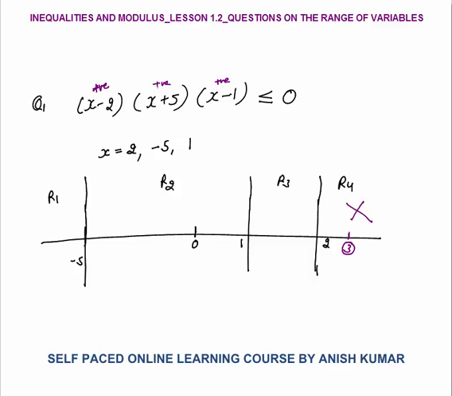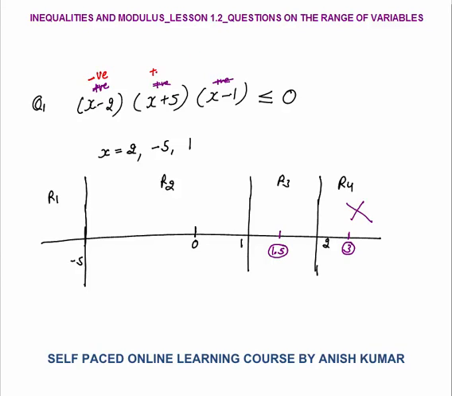Now I will cancel this. I will check other values. From 1 to 2, you can take any value, let's say 1.5. For 1.5, x minus 2 would be negative because 1.5 minus 2 is negative.